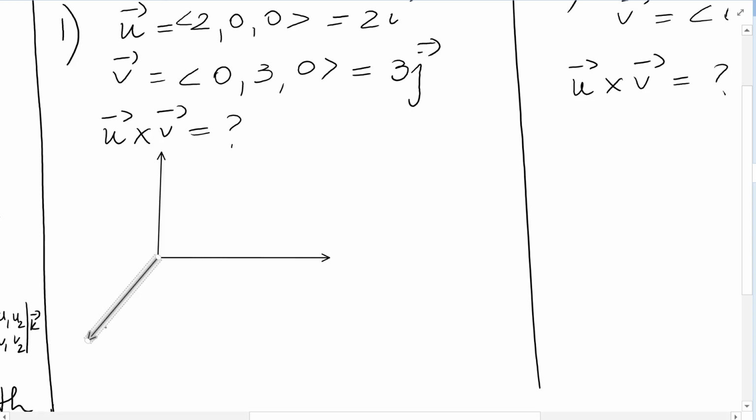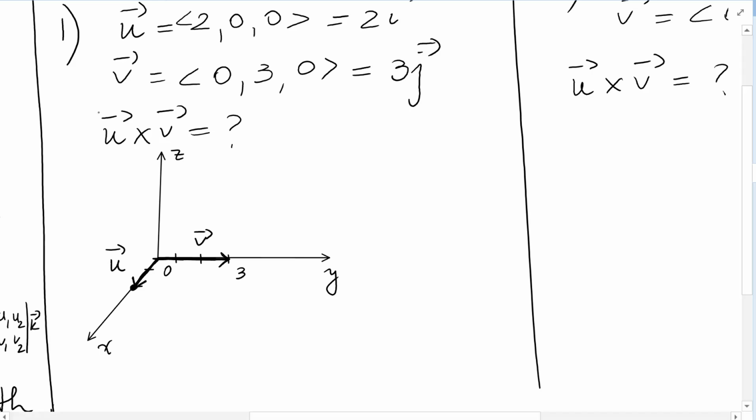I draw coordinate axes x, y, z. u is 2, 0, 0, so this would be u. v is 0, 3, 0, so this would be v. And we want to find u cross v.